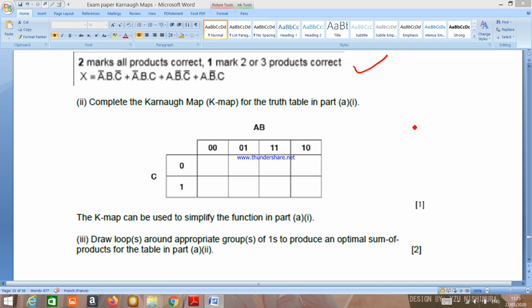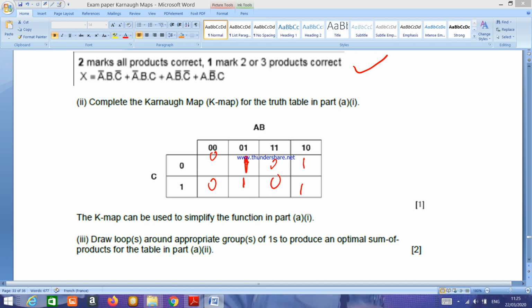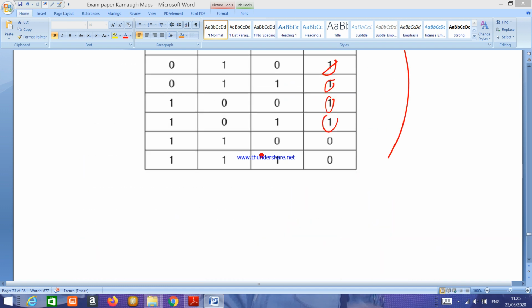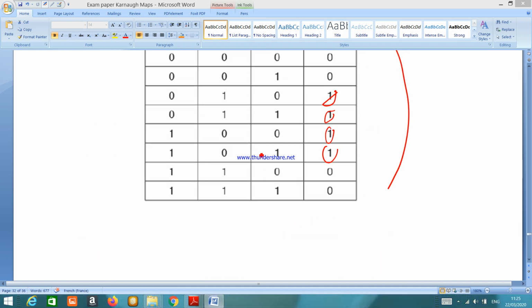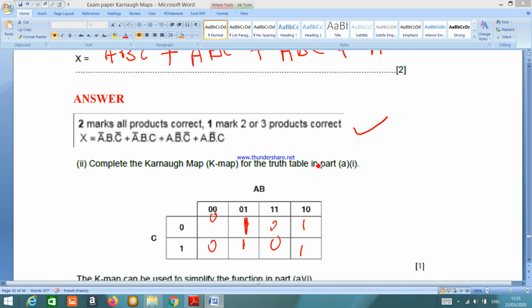Next we have to populate the Karnaugh map. You can try it. You're supposed to get 0 0 1 1 1 1 and 0 0. Okay, let's try it. Yeah, 0 0 1 1 1 1 0 0. Sorry, 0 0 1 1, then 1 1 and 0 0.